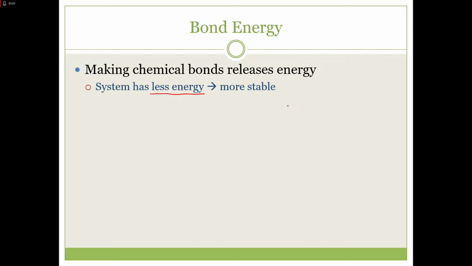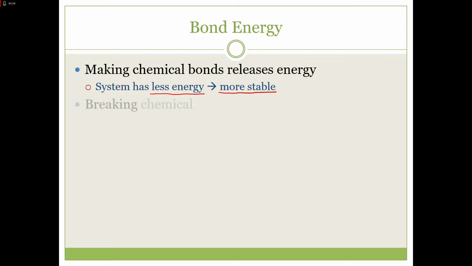Think of it as, if I go back to my kindergartner example from before, if I remove kindergartners from a room, the room acts more stable because there's just less energy in the room. Chemical bonds are kind of the same way. If you make chemical bonds, they release energy so that the bond at the end of the day has less energy, and therefore the system is stable.